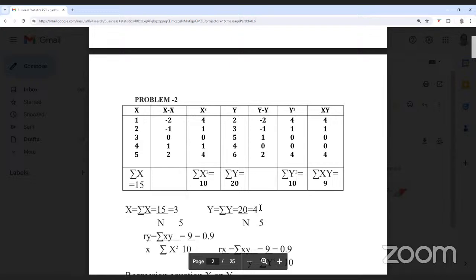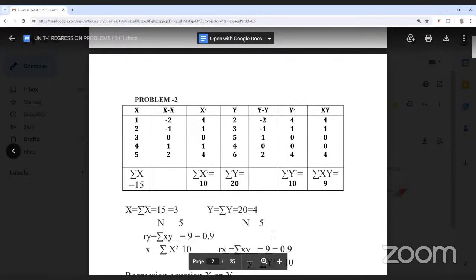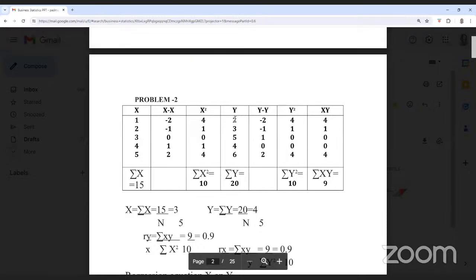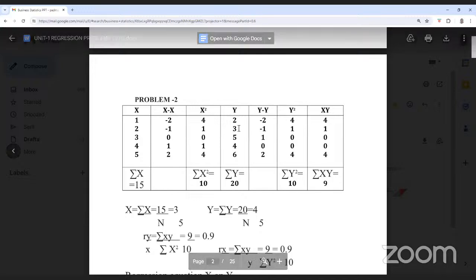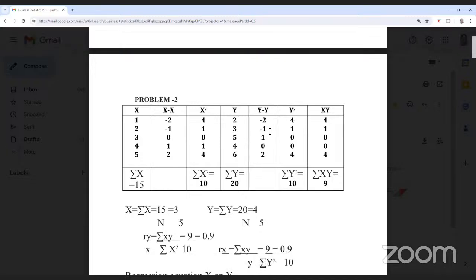That is 4. 2 minus 4 is minus 2, 3 minus 4 is minus 1, 5 minus 4 is 1, 4 minus 4 is 0, 6 minus 4 is 2. Now you have to square it. 2 into 2, 4. 1 into 1, 1. 1 into 1, 1. Here it is 1; by mistake it came as 0.